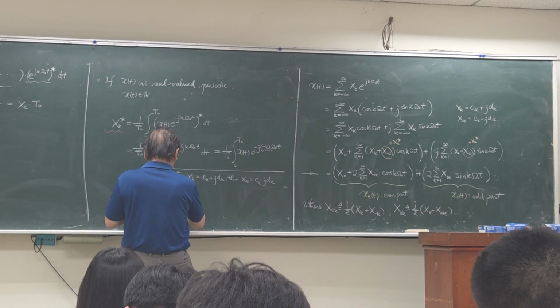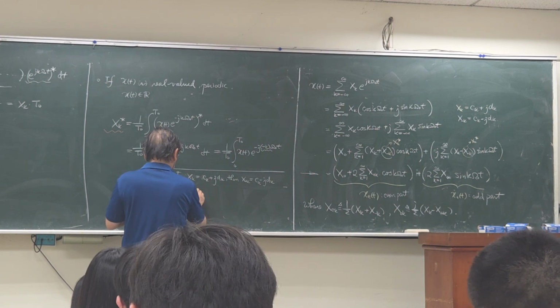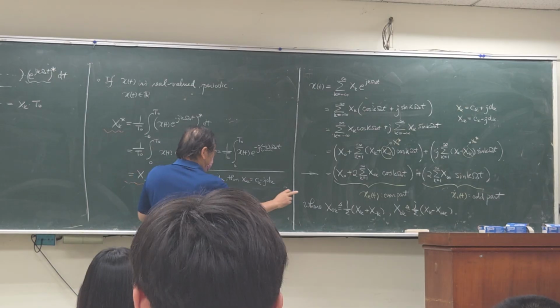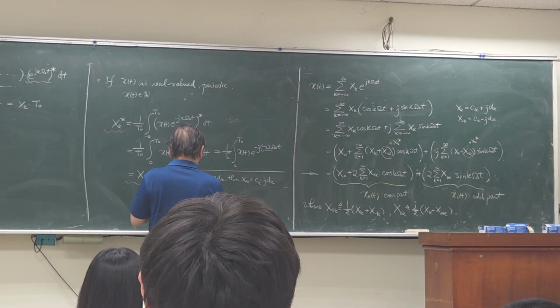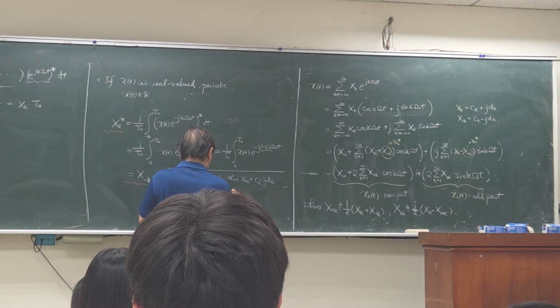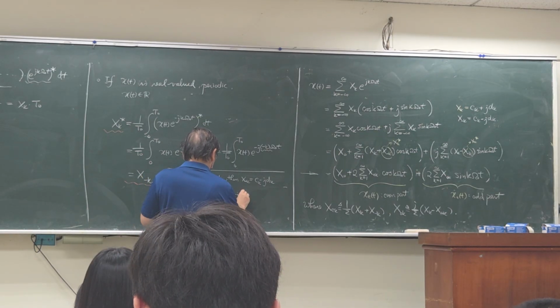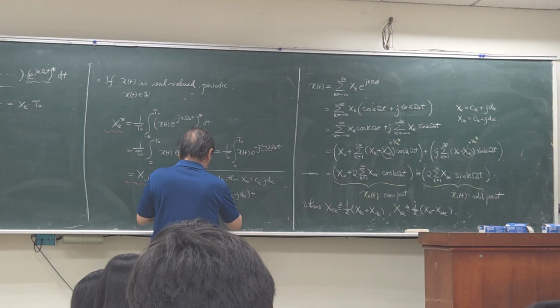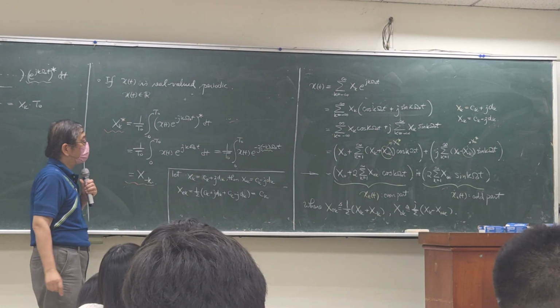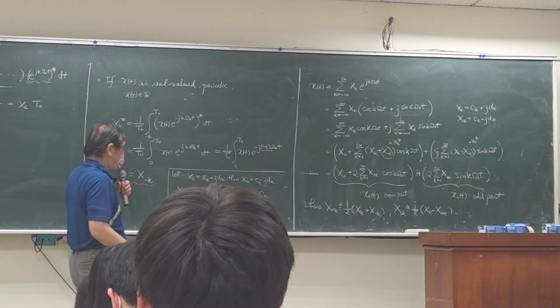So the even part, x sub e of k, will be 1/2 times x of k plus x of negative k, which equals ck, the real part of the coefficient x of k.